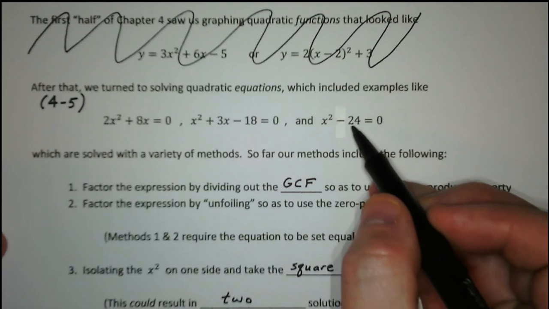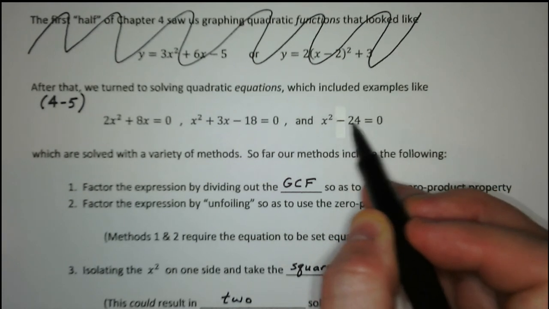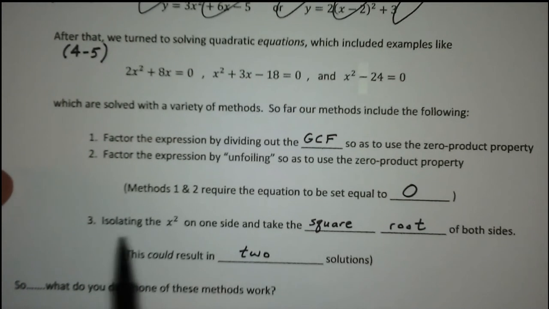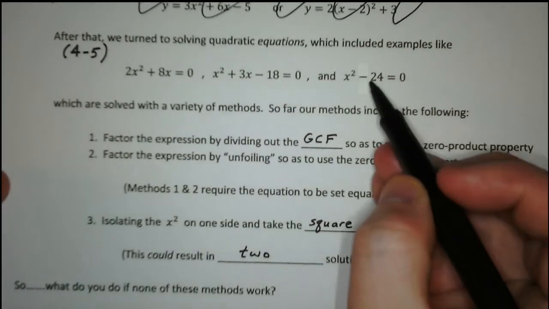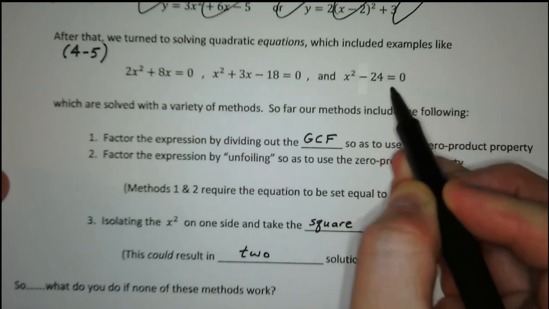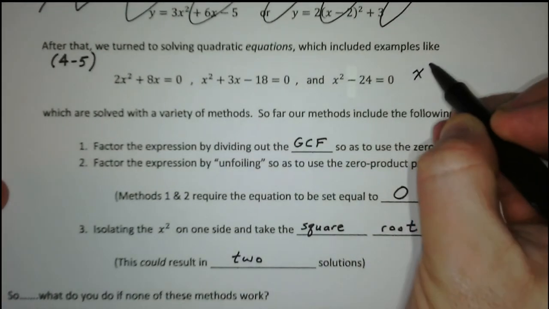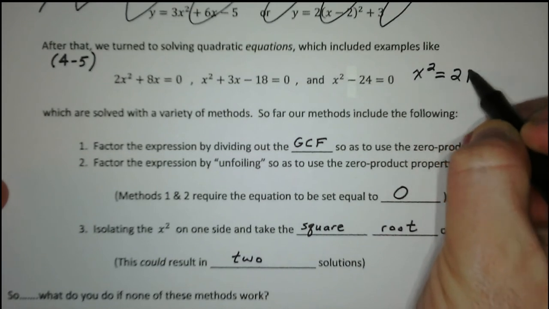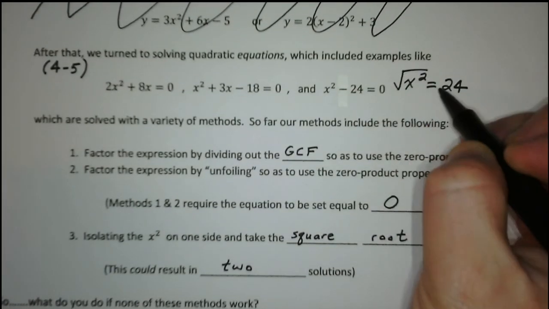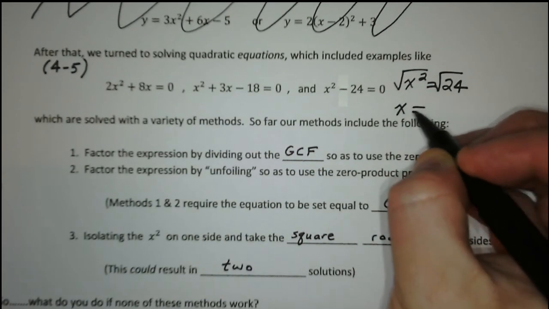There's a lot of numbers, but not x squared minus 24. So what you would actually have to do here is this strategy. You'd have to move that term over to the other side. Might as well write it down as I'm talking about it. You'd have x squared equals 24, and then you'd have to take the square root of both sides.